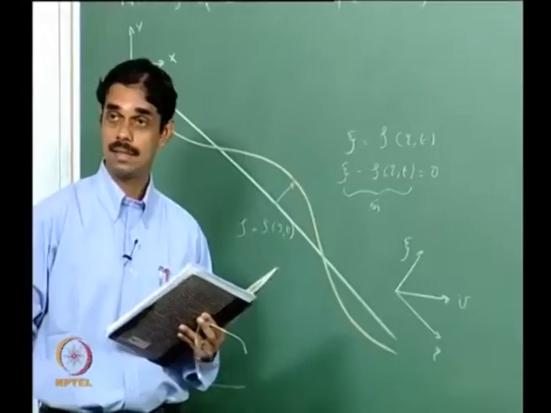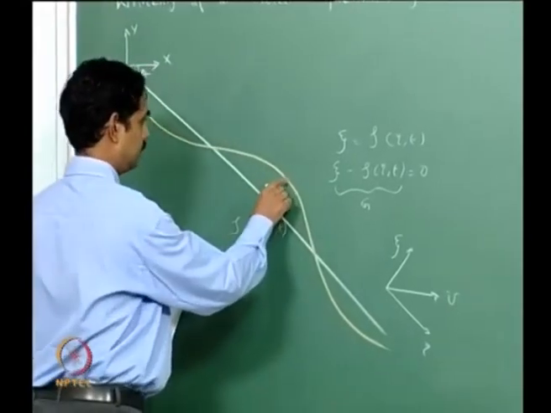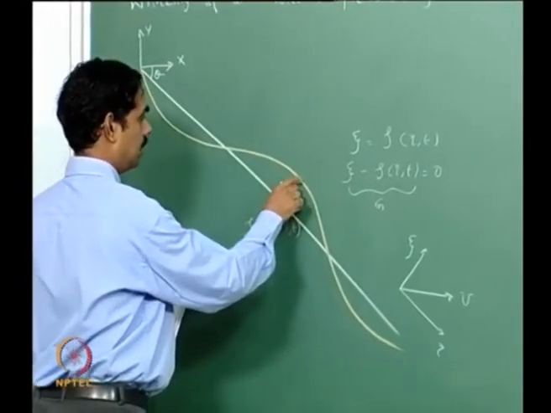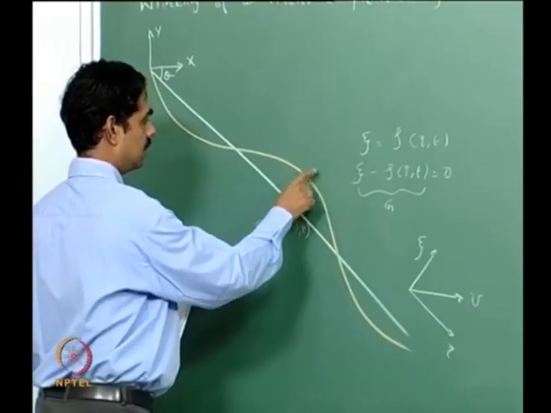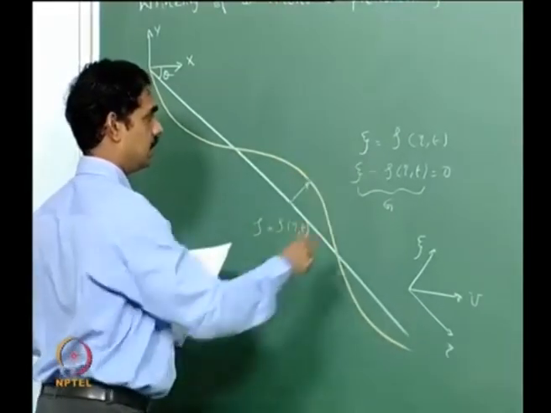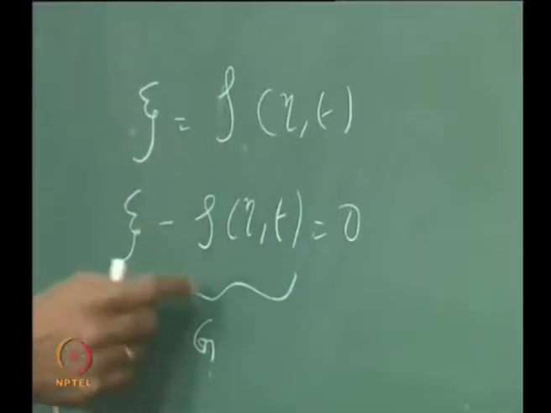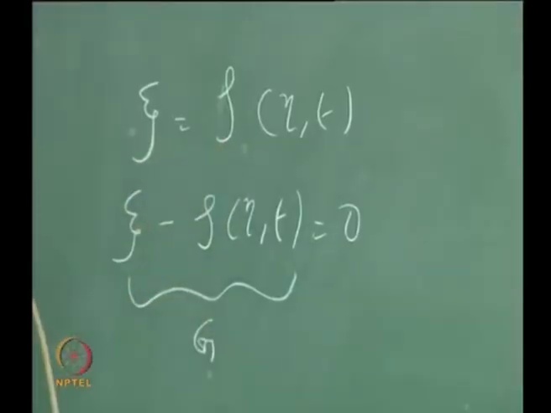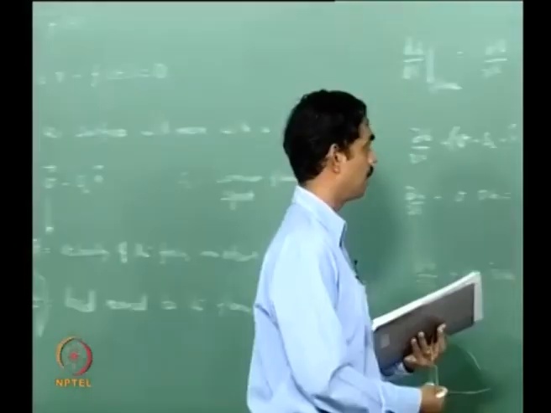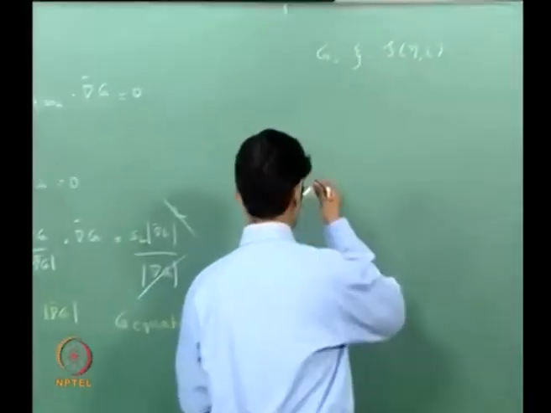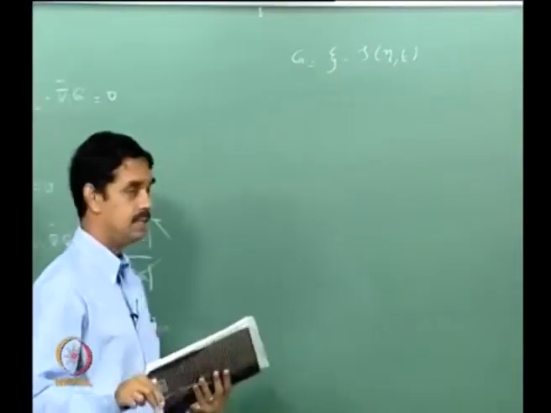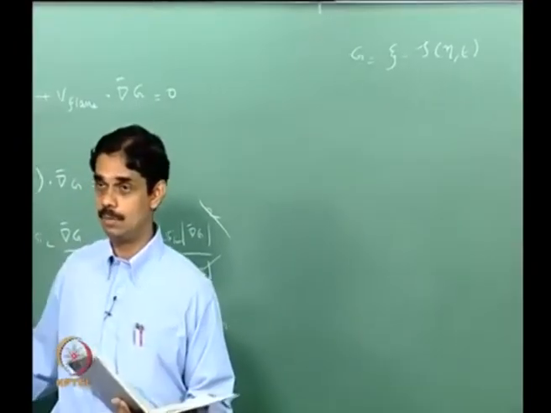Okay, is it clear? This is the flame height in this direction, so that is psi equal to zeta of eta comma t. So we just move this to this side and we call that G. So now given G we have to get expression for del G, and then our problem is solved.